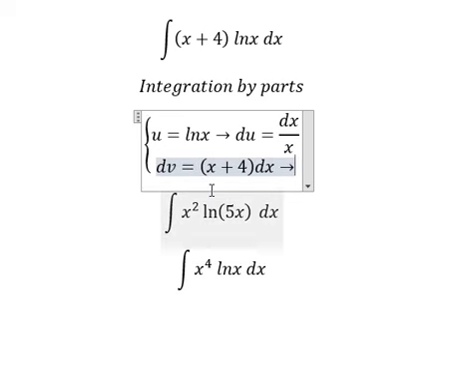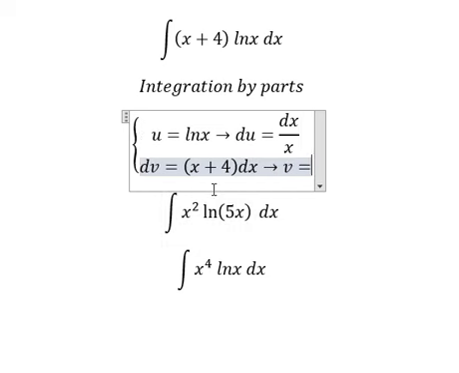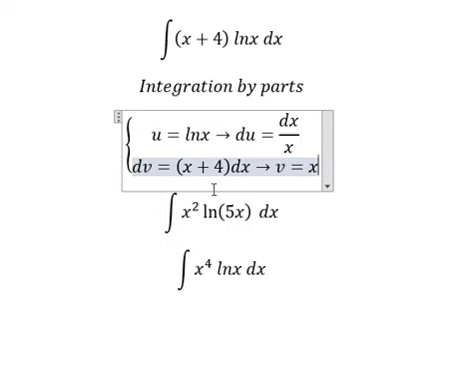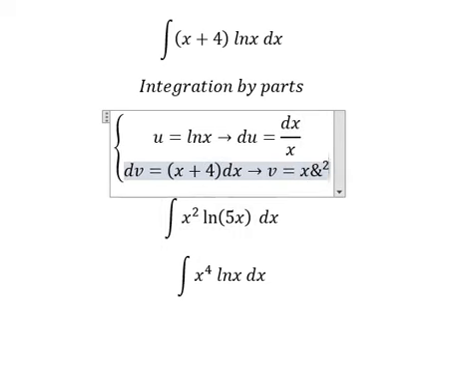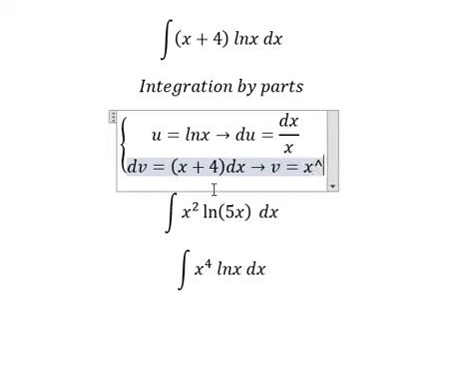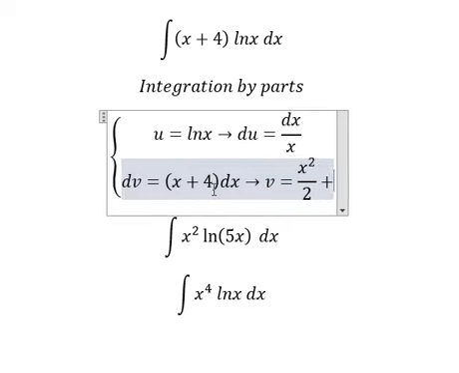The integral of this one, we have s squared over 2 and 4s.